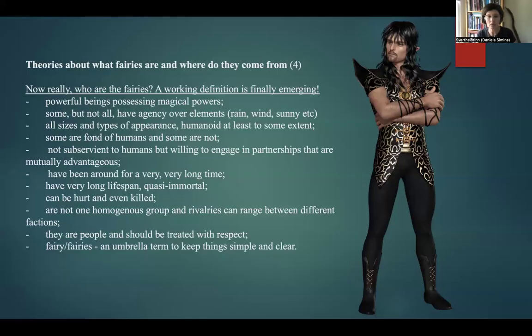What we know from that book and others is that humans have witnessed groups of fairies from different areas, sometimes from the same areas, organized as armies and battling one another. So they're not one homogeneous group, and there are rivalries, which can appear as military conflict or sports that become fierce and very conflicted encounters.